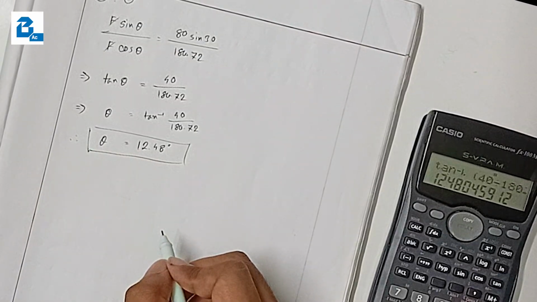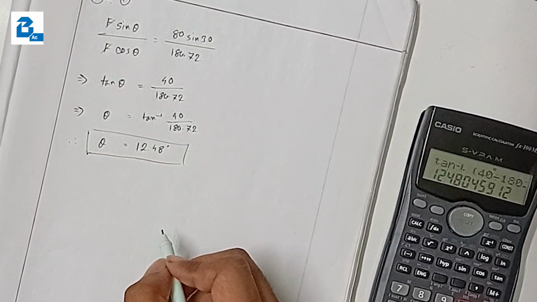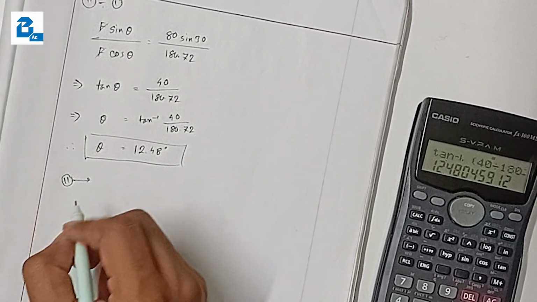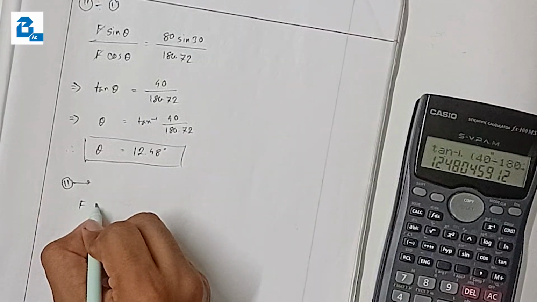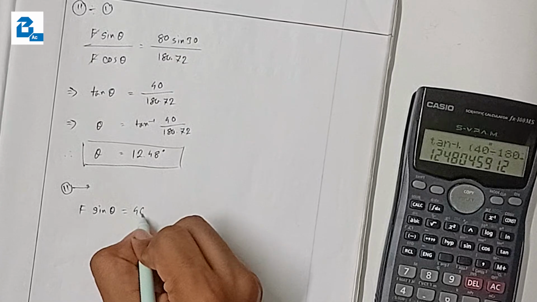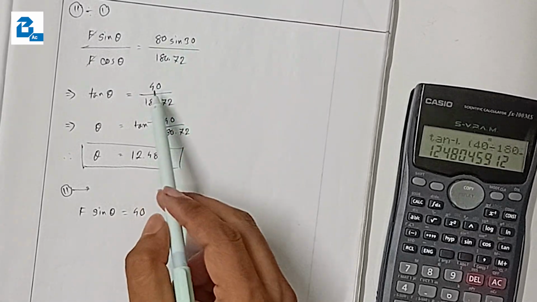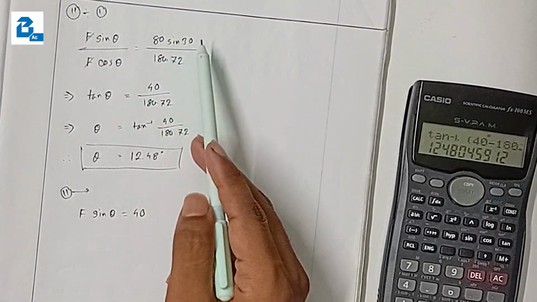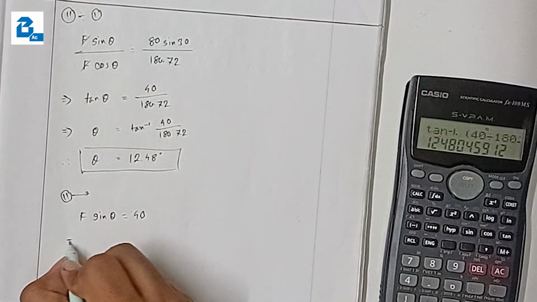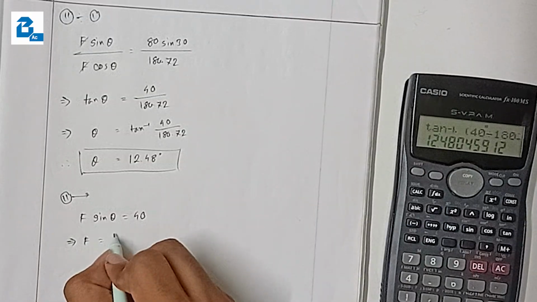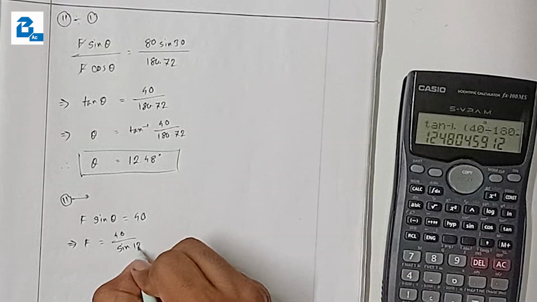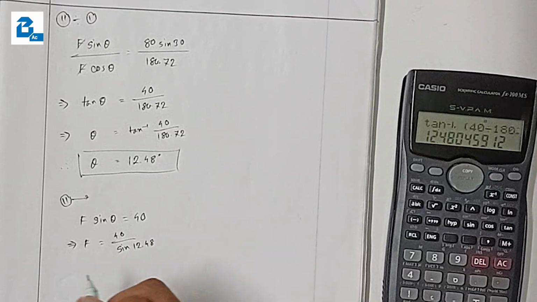Now let's find out the value of F. To do that, we can put the value of theta in equation 2. Then we will get F sine theta equals 40, since 80 sine 30 equals 40, which we have calculated. Then we will write F is equal to 40 divided by sine 12.48.